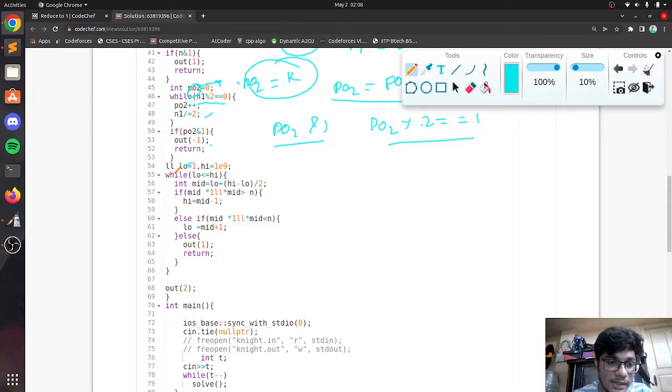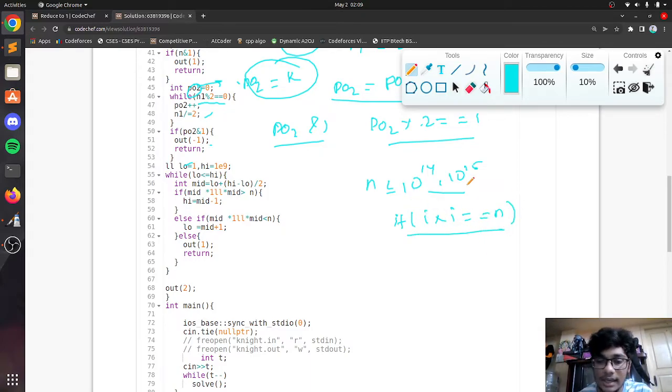And we are using binary search right now because if n is less than 10 to the power of 14 or 15, then you can straightforwardly use a for loop, and if i into i equals n, then you break and you can easily calculate the value of i.